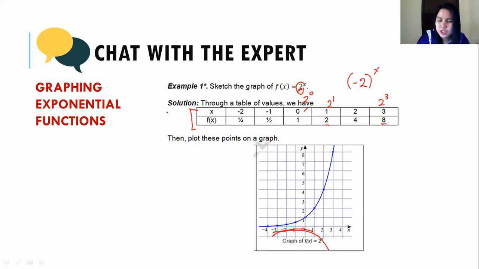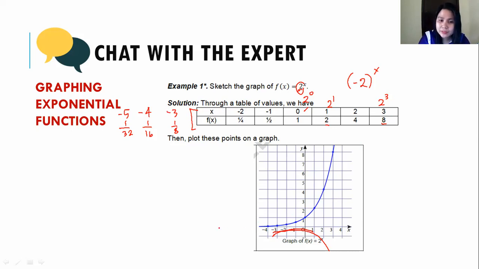But if you check, the more we go lower in our x, the more it approaches 0. We only have 1, 8, 1 over 16, 1 over 32. But it will never reach 0.